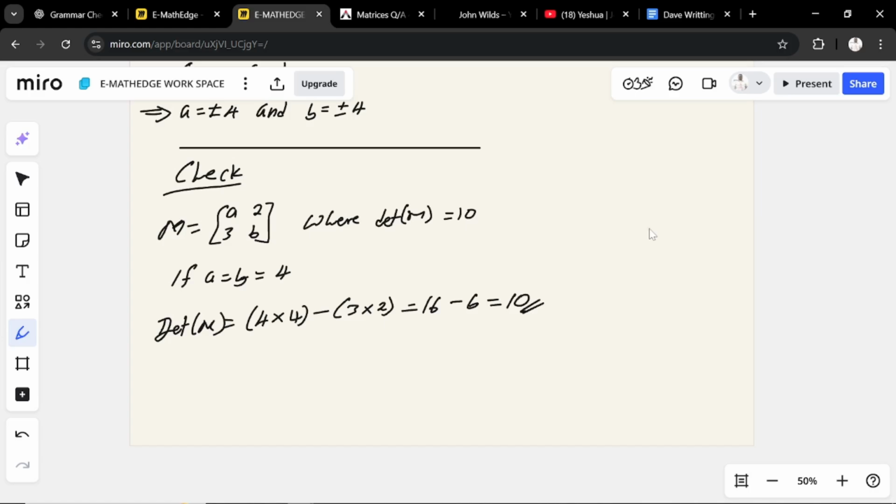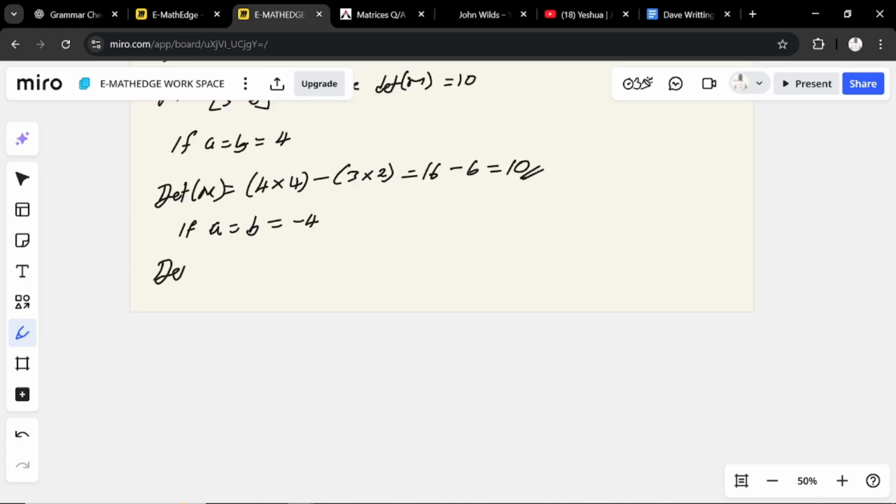Now, if A is equal to B, let's find for negative 4. If A is equal to B, which is equal to negative 4, the determinant of M is going to be negative 4 multiplied by negative 4, minus same, 3 multiplied by 2.